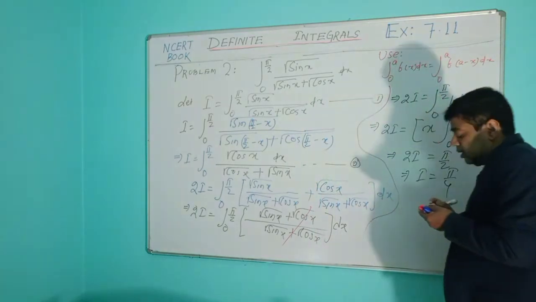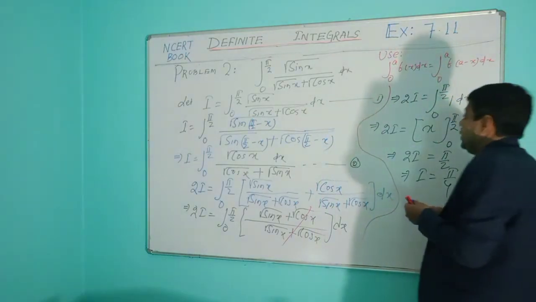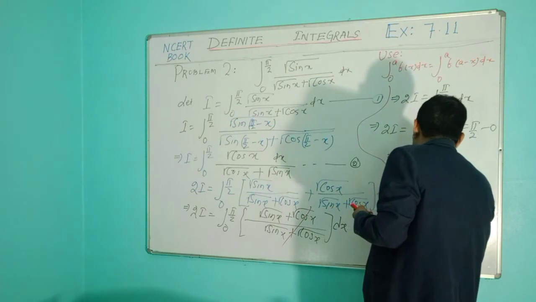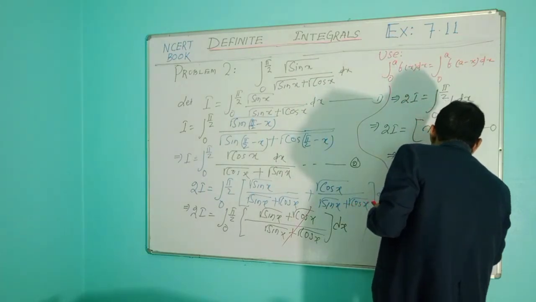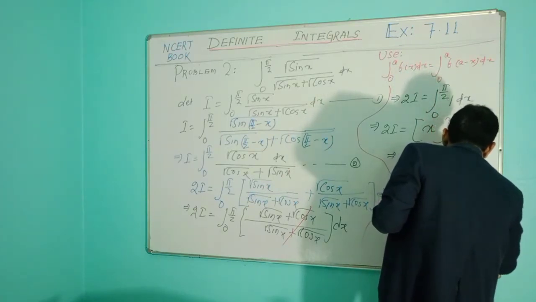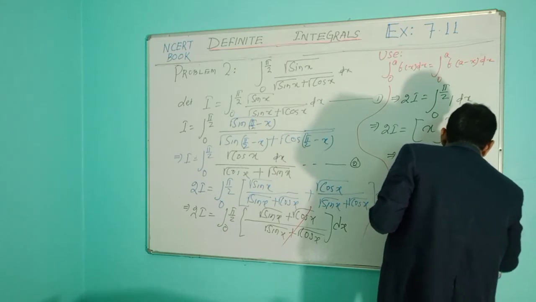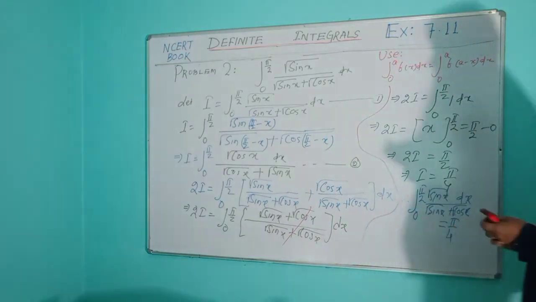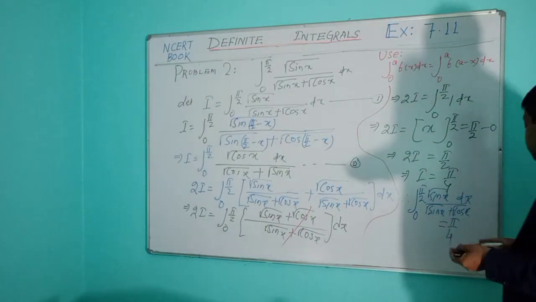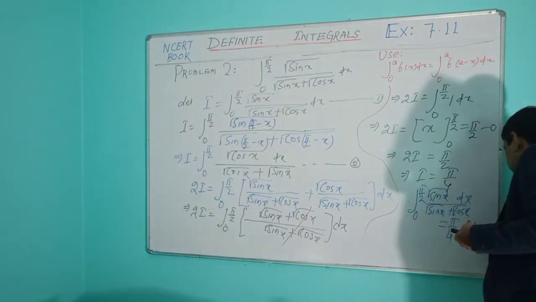Hence the integration of 0 to pi upon 2 of root sin x divided by root sin x plus root cos x dx is equal to pi by 4, and this is the value of the given integration. Understand? Is it clear?